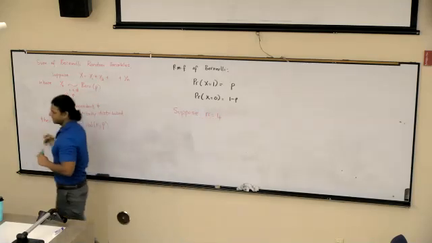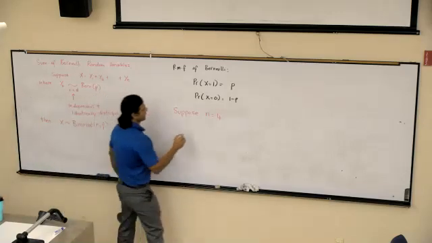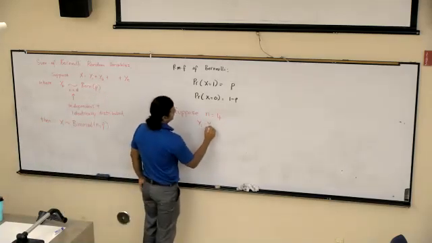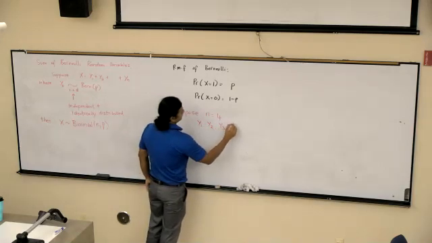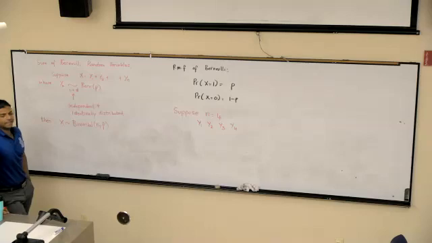So how many independent and identical Bernoullis would I need if n is 4? 4. And if I sum, what should I get?